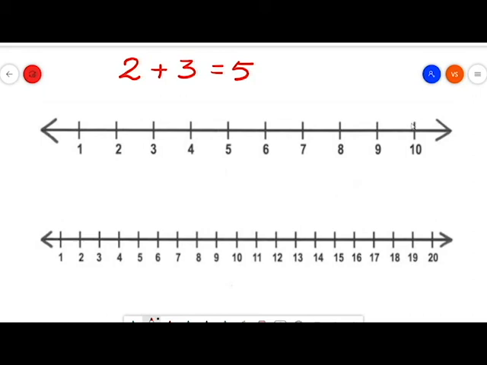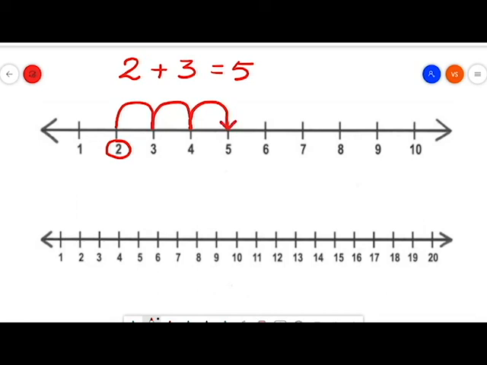As in the question, we are marking 2, and 2 must be added with 3. So starting from 2, you have to make 3 jumps towards the right side. 1, 2, and 3.